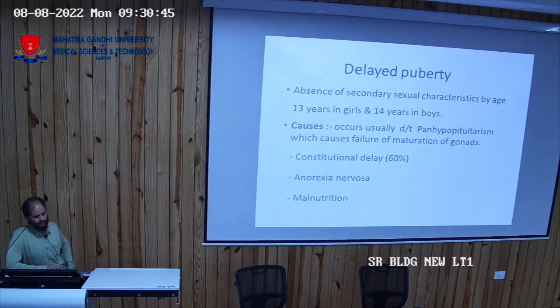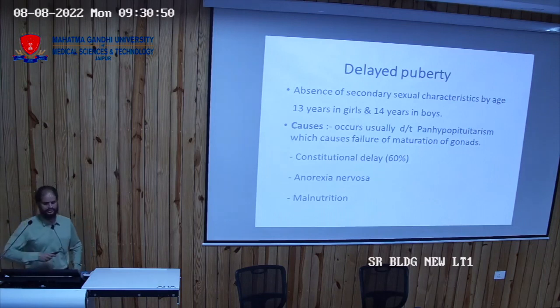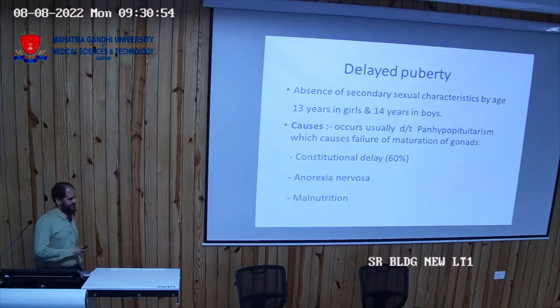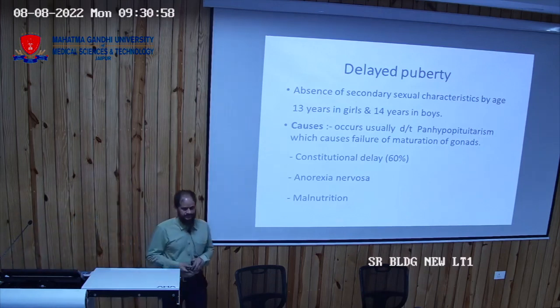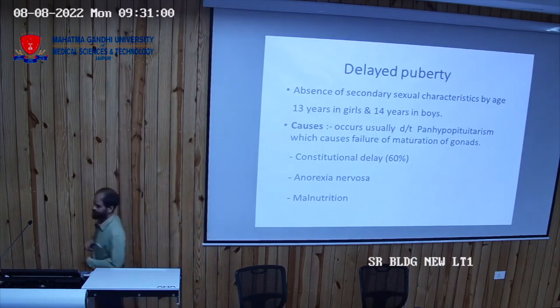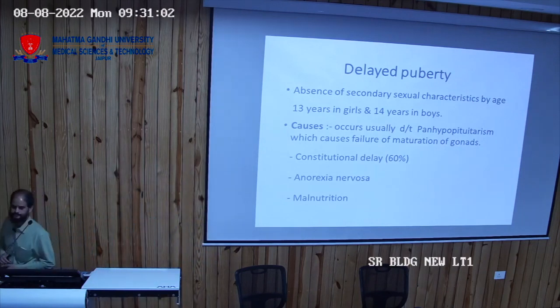Okay, mostly it is constitutional, in 60% of cases, and there are other causes also. What is anorexia nervosa? Does anyone know? It is an eating disorder in which what happens?